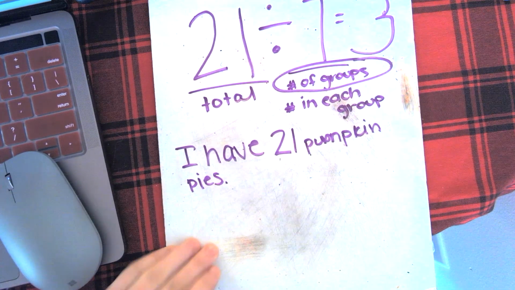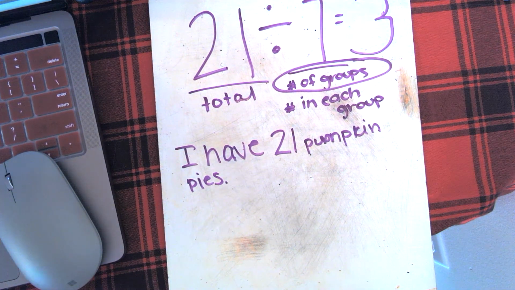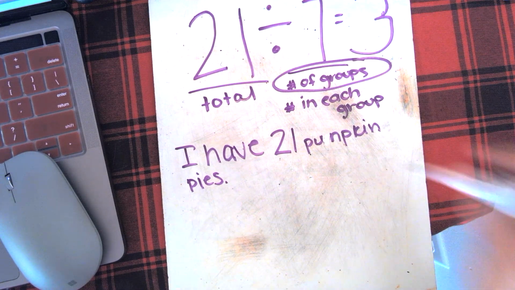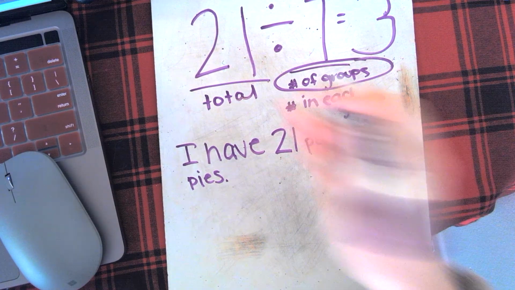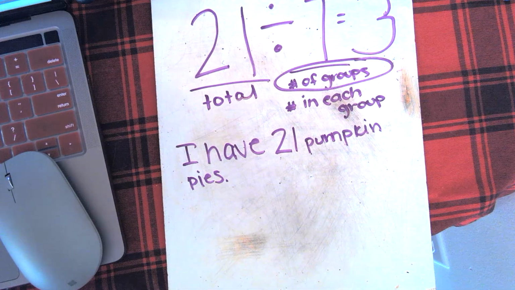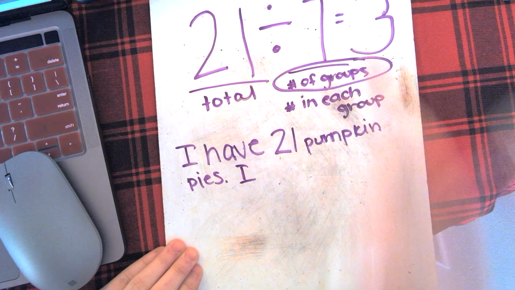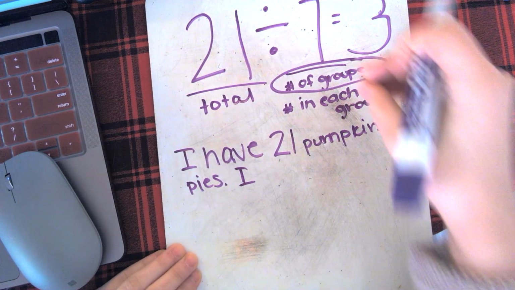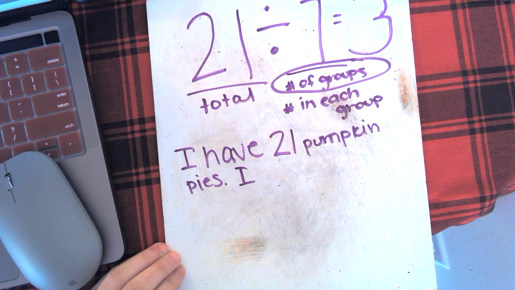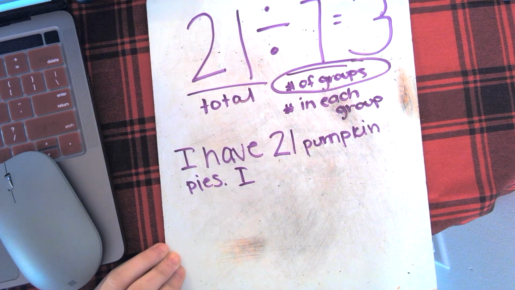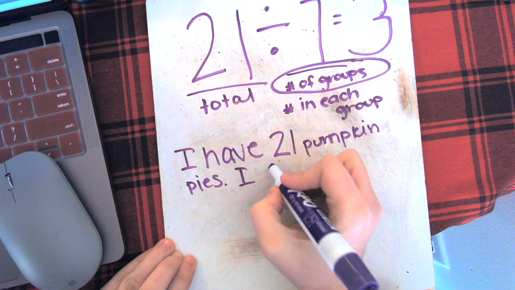Your first sentence of your division number story will most likely be, somebody has some amount of something, right? You're going to tell what the total is, your dividend. I have 21 pumpkin pies. Now, I need to talk about the fact that I'm putting those pies into groups of 7. Number of groups. There's going to be 7 groups. So, I share.